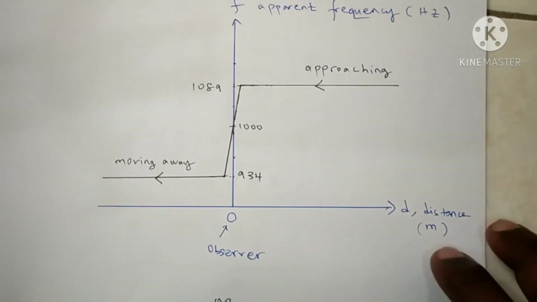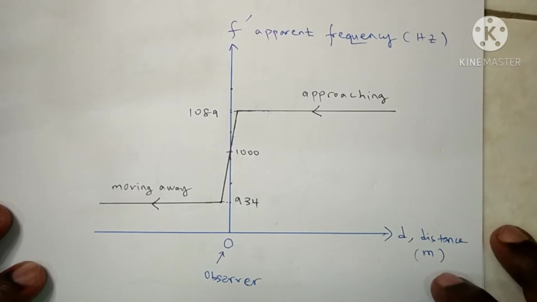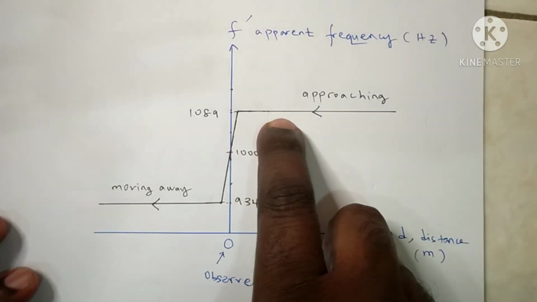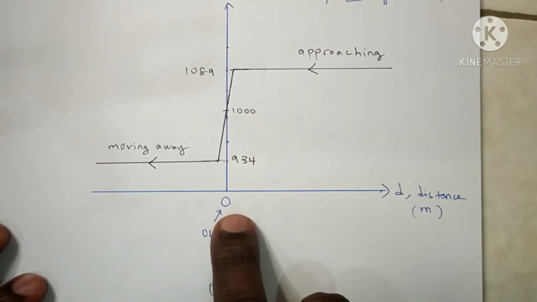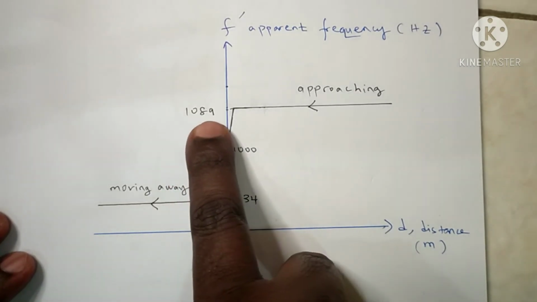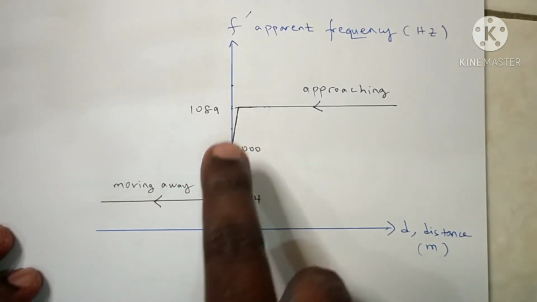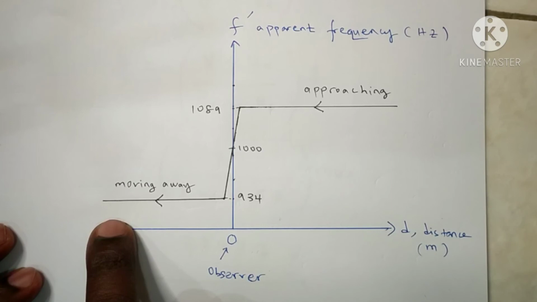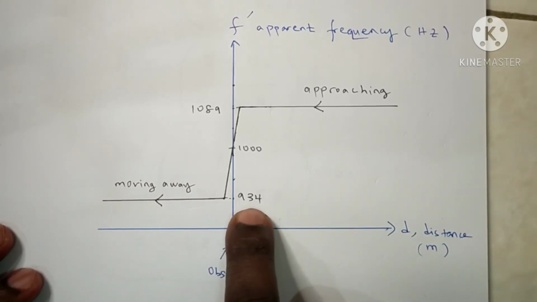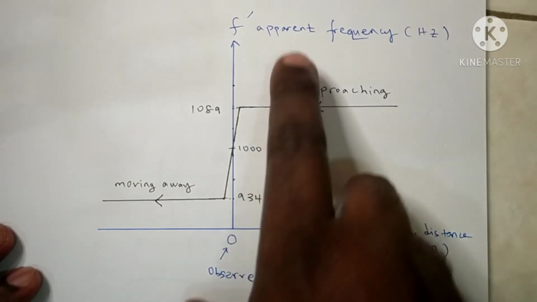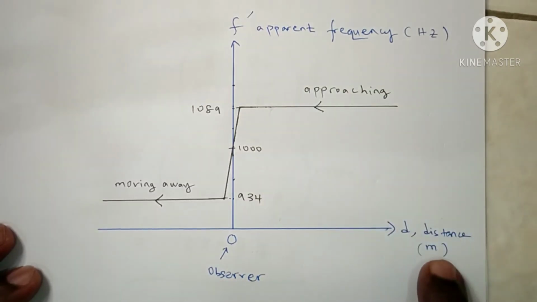The graph will be like this. When the source is approaching the stationary observer, the apparent frequency is 1089 Hertz. When it is moving away, the apparent frequency is 934 Hertz, for apparent frequency against the distance.